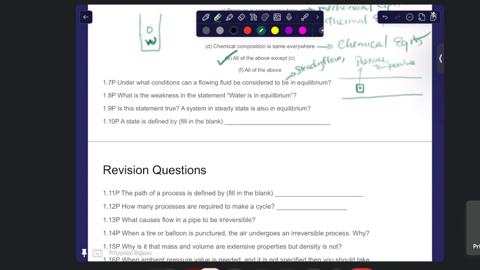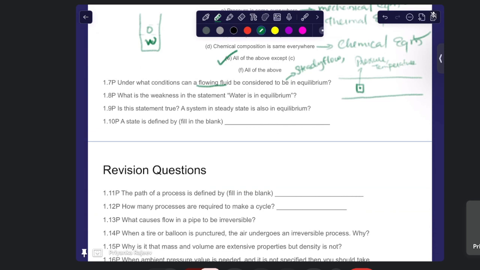Velocity change is not there means acceleration is not there. Acceleration is not there means there is no unbalanced force. So if it is not an accelerated flow, if it is a steady flow, that sort of says that the flowing fluid is in a local thermodynamic equilibrium.